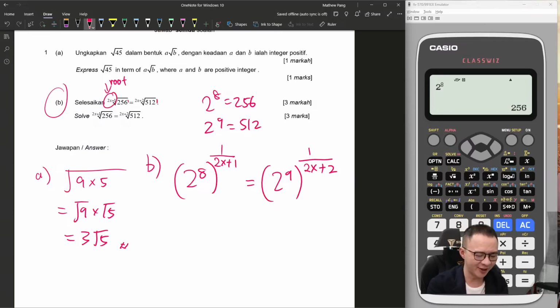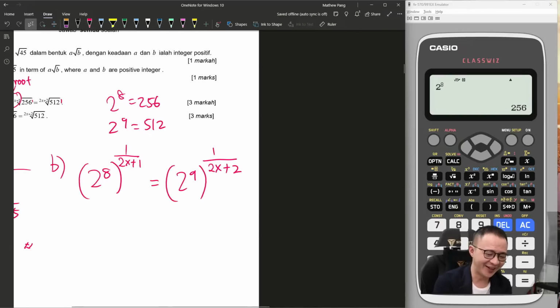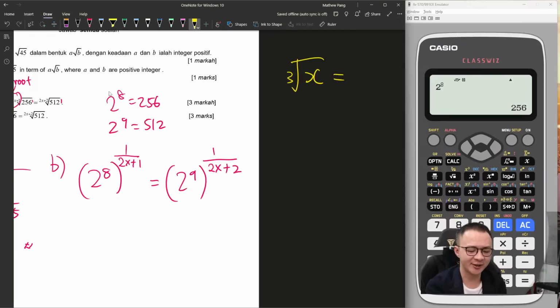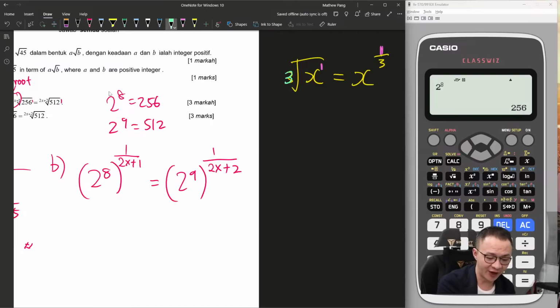Some students might wonder, how come it is like that? Imagine if today we have the cube root of x, what would we write in indices? We write 1 over 3, isn't it? Where do I get 1? 1 is because x is power 1. Where do we get 3? 3 is the root value, and we write it at the bottom, because it's the root of 3.